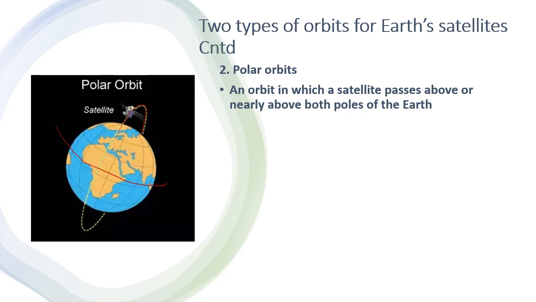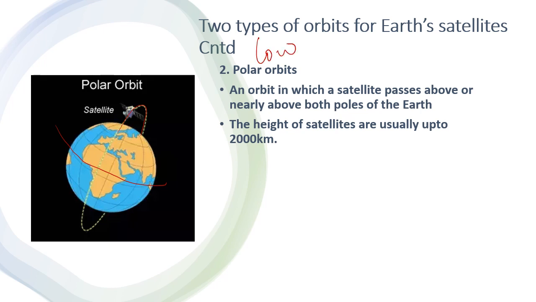A polar orbit is an orbit in which the satellite passes above or nearly above both poles of the Earth. They are not at such a big height as the geostationary satellites. The ones we are talking about, as per our specification, are low polar orbits, so they don't go higher than 2,000 kilometers.